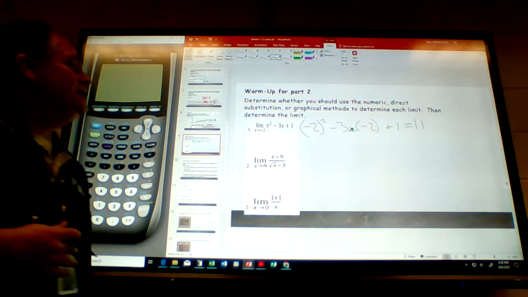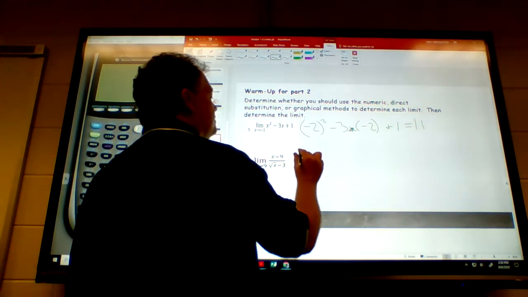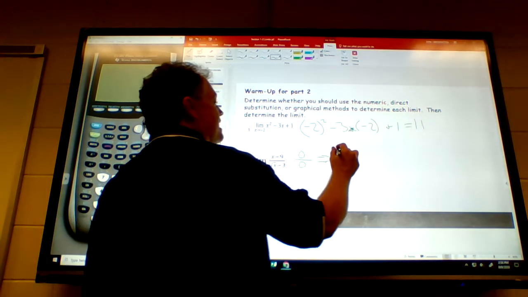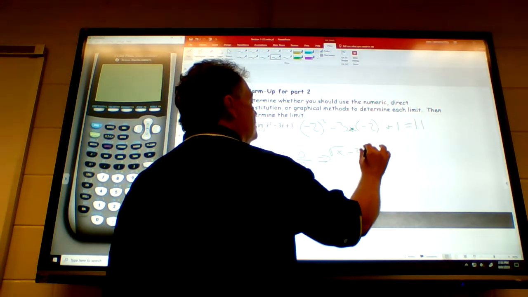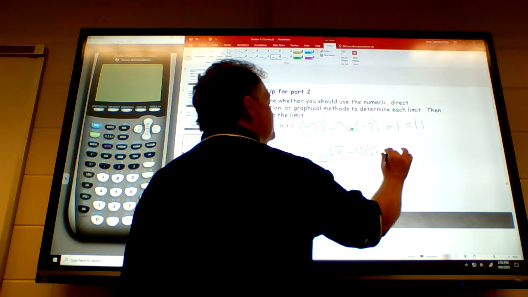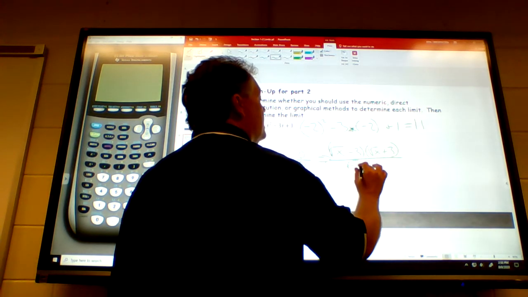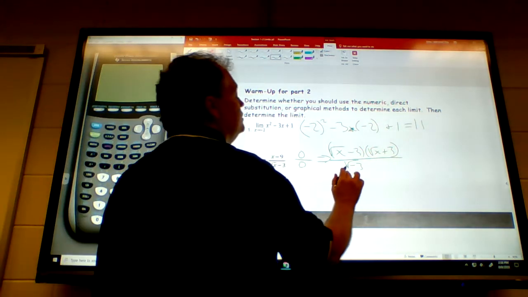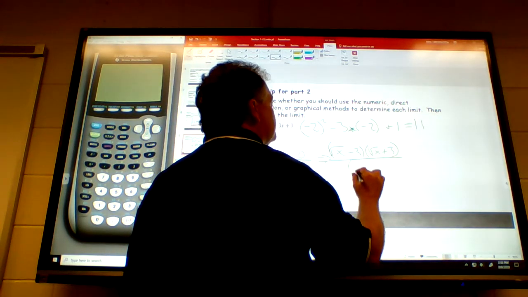All right. Now for number 2, if you plug it in, you're going to end up with 0 over 0, so can't have that. So we got to simplify that, and we got radical x minus 3 over radical x plus 3. And those will cancel. And actually, hold on, let me fix that. Sometimes I get a little bit ahead of myself and start writing a little too rapidly, so I apologize.